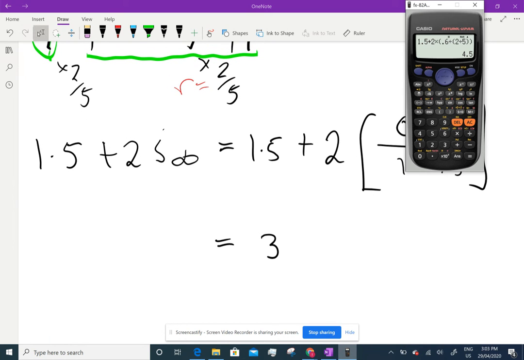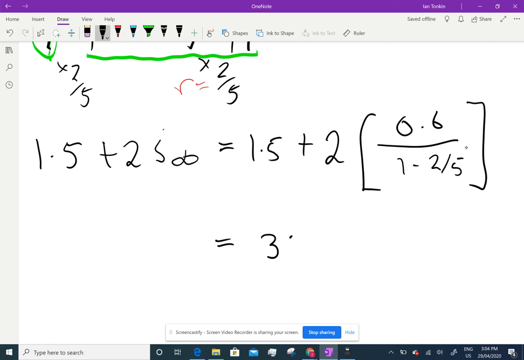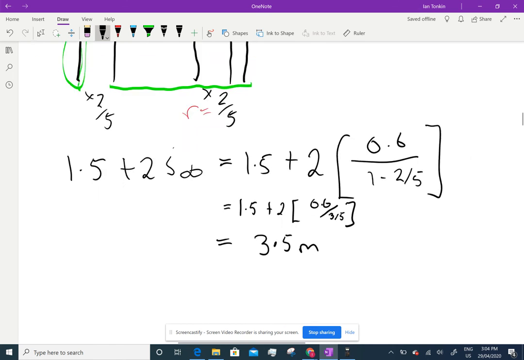It's not 0.6 divided by 3.25, it's divided by 3/5. 3.5. So I had the correct substitutions, but what I should have written was 1.5 plus 2, 0.6 divided by 3/5. Excuse me, 3.5 metres.